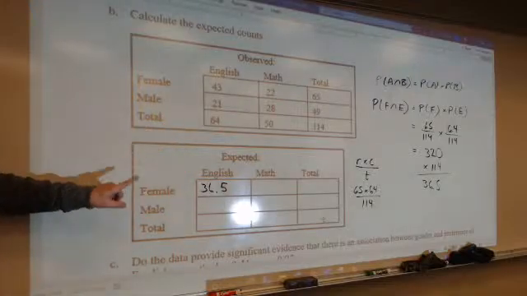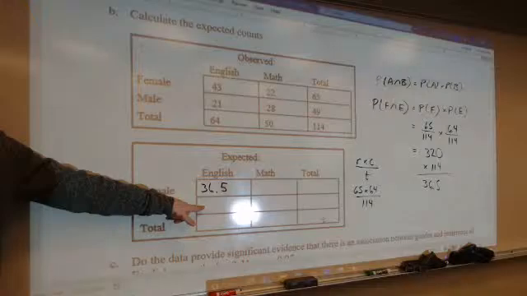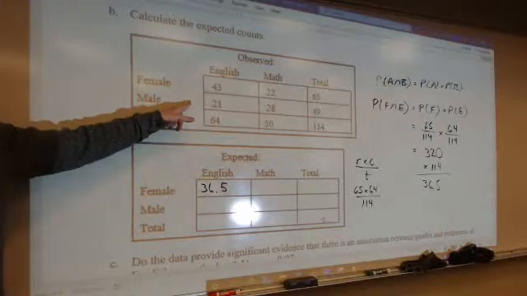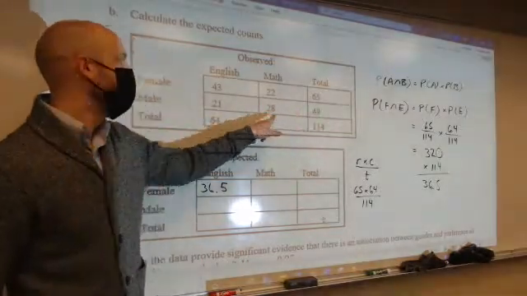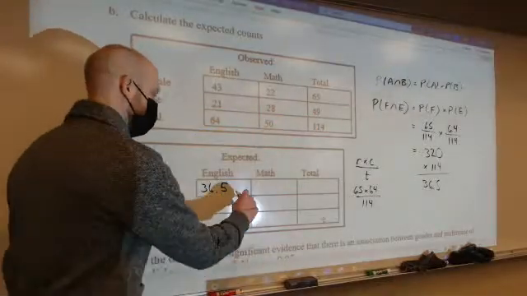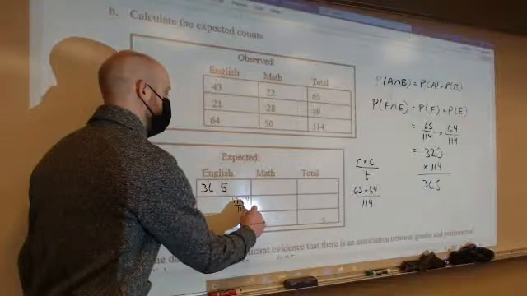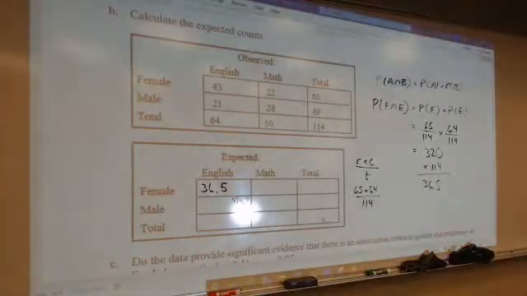So to get the male English count, we would do 49 times 64 divided by 114. So maybe just put that off to the side. And that would easily find that value right there. That's what's supposed to go there. And that's the same thing for the homogeneity test as well.